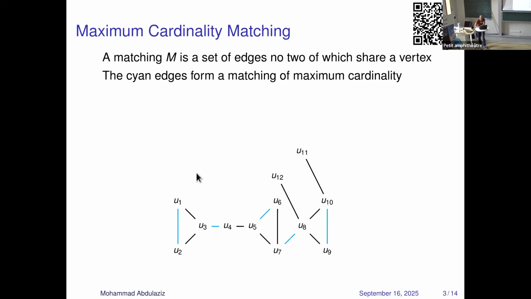So for example, for this graph, the blue edges form a matching because they don't share any vertices among them. And it's also a maximum cardinality matching, because if you think about it for a little bit, there just isn't any other subset of these edges that would also be a matching and that has a cardinality bigger than 5 in this case. Okay, so that's the problem.